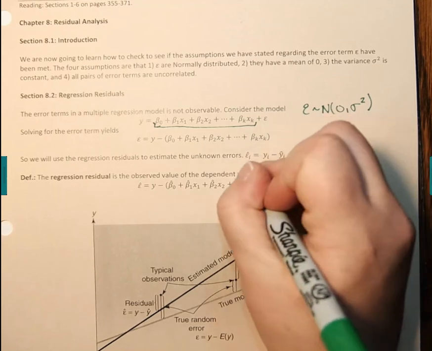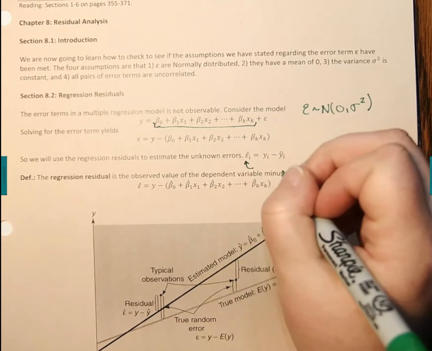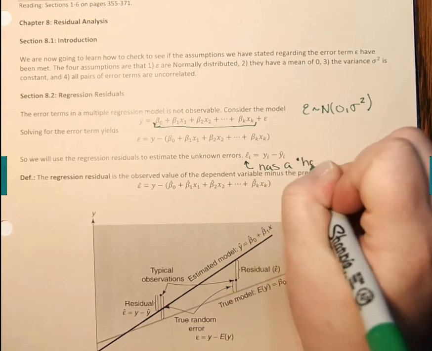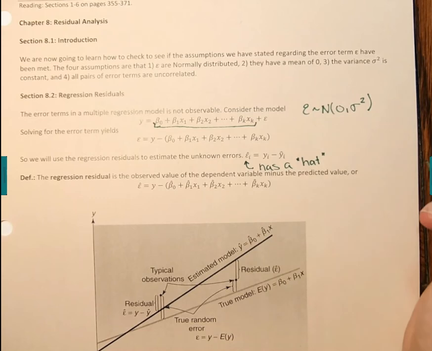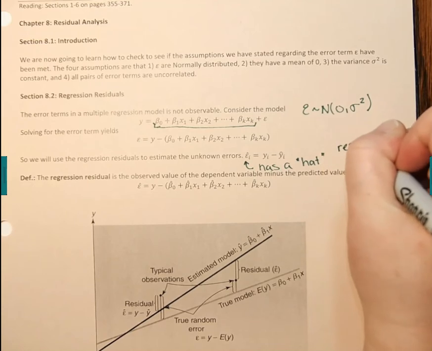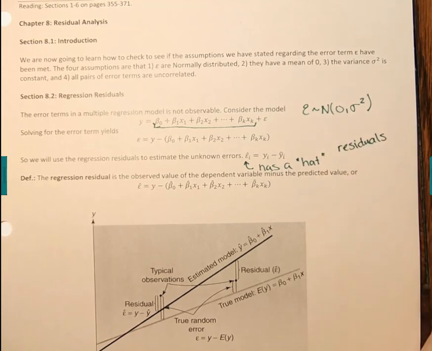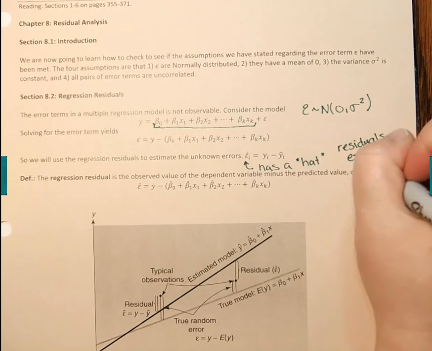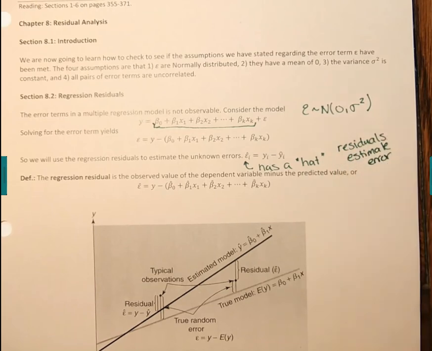Notice that this term, epsilon hat i, has a hat. The reason we have the hat there is because it is an estimate. In other words, the residuals are going to help us estimate the error.